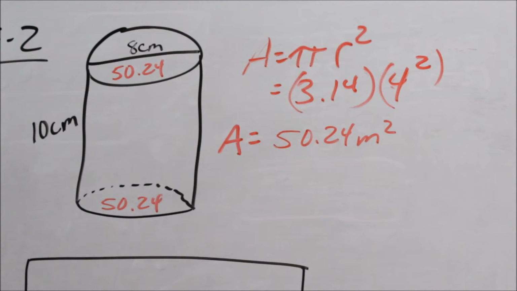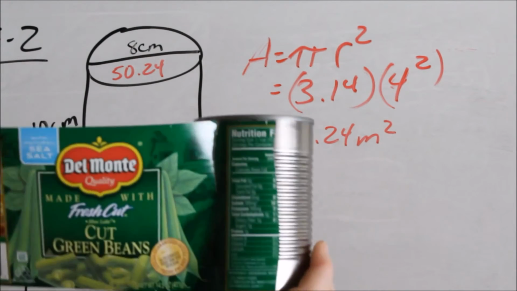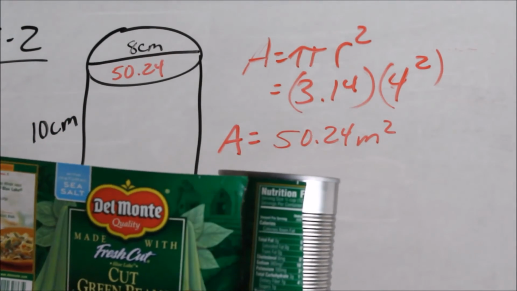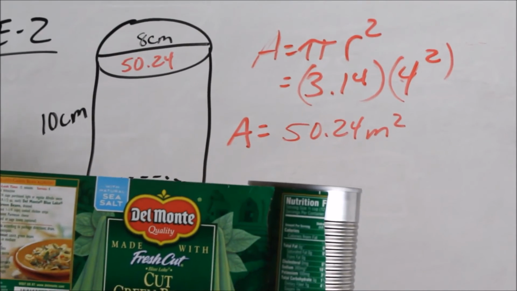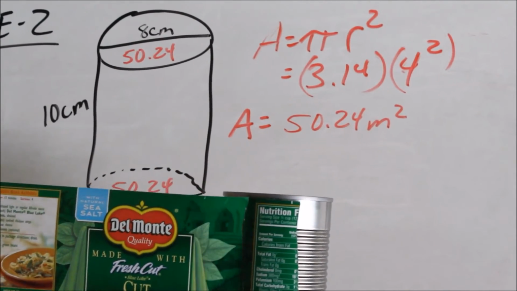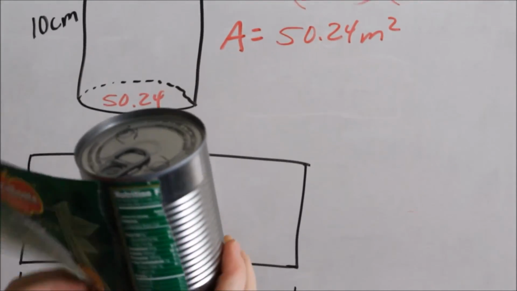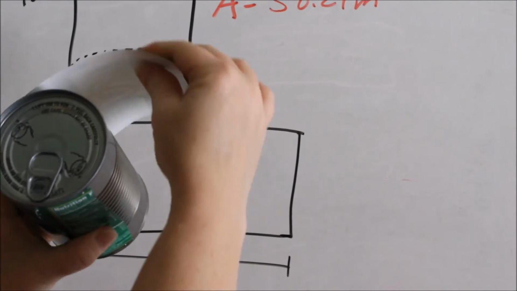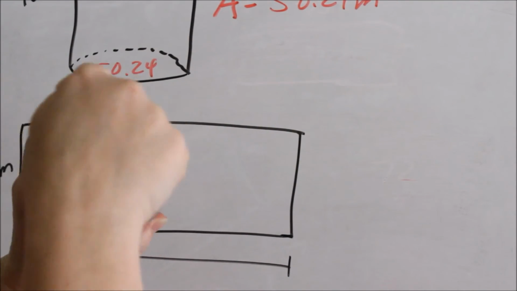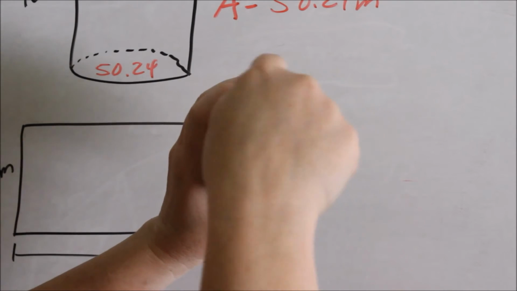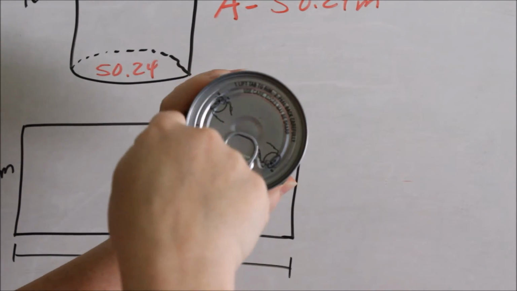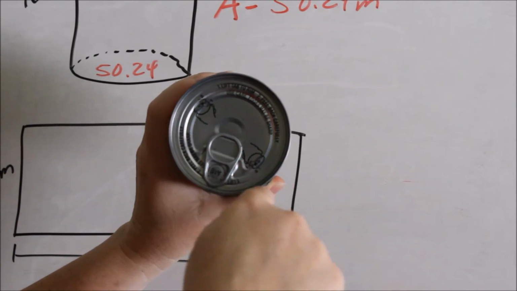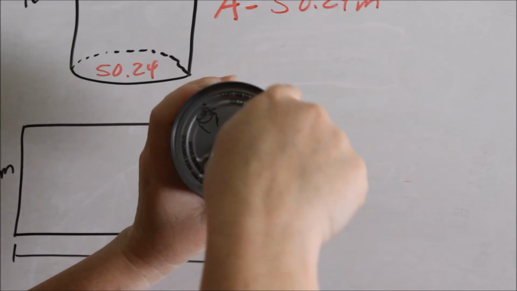Well, going back to my vegetable can. Is my vegetable can in the camera? Okay, so going back to my vegetable can, I've unfolded the label to make a rectangle. If I fold the label back around, this label went around this way. When I am just going around the circle, what do we call that?